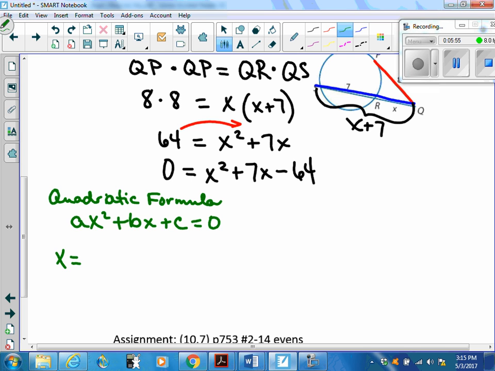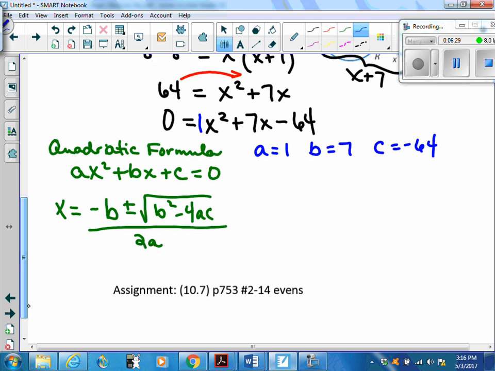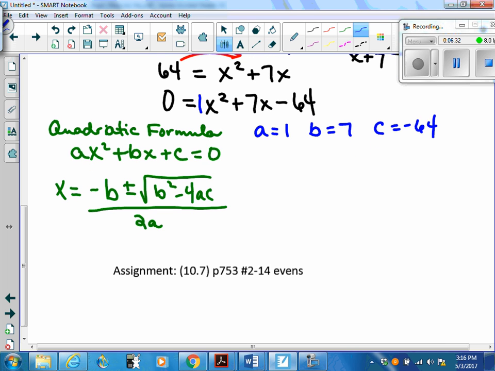To solve for x, we take the opposite of b plus or minus the square root of b squared minus 4ac all over 2a. So that's our quadratic formula, and that'll help us solve for x. In this equation, x squared has a coefficient of 1, so a is 1. The b in our equation is 7, and the c is negative 64.